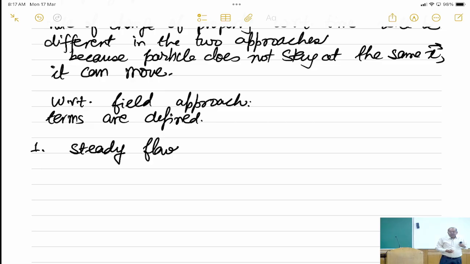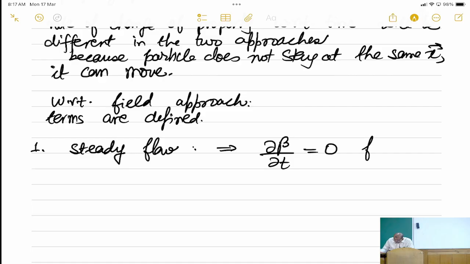And what steady flow means is partial beta by partial t is equal to 0 for any beta.